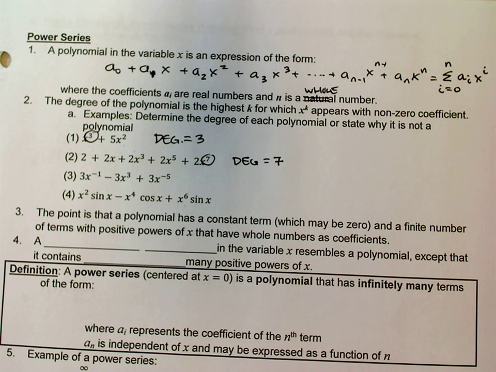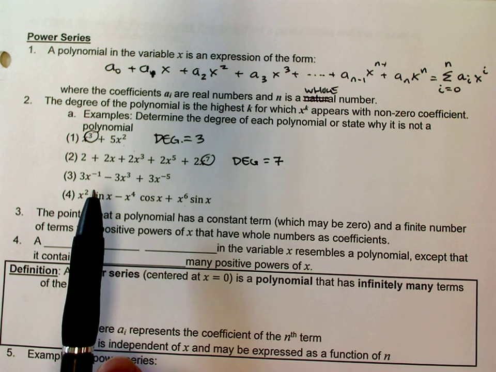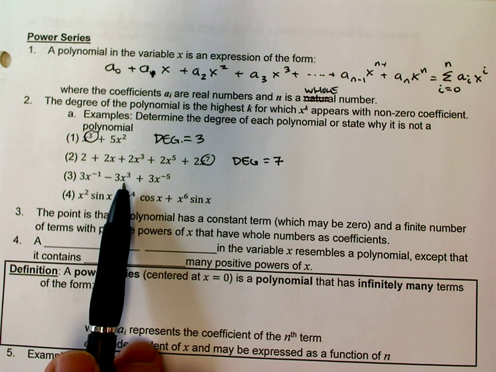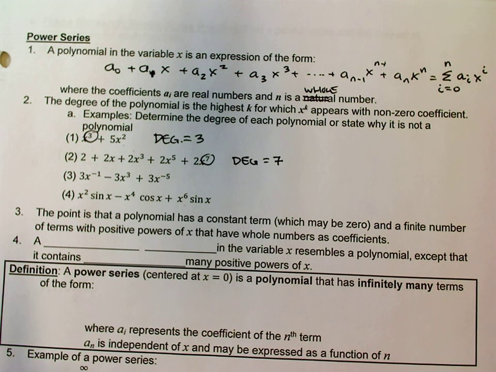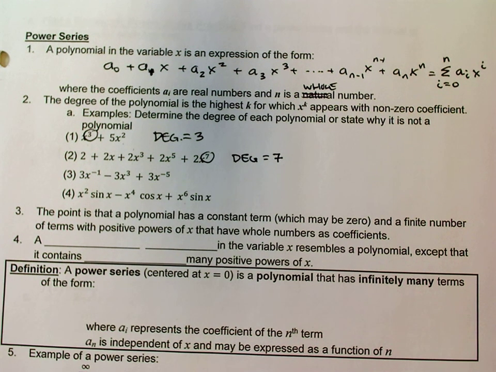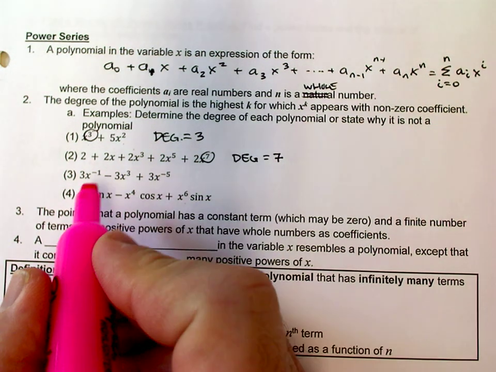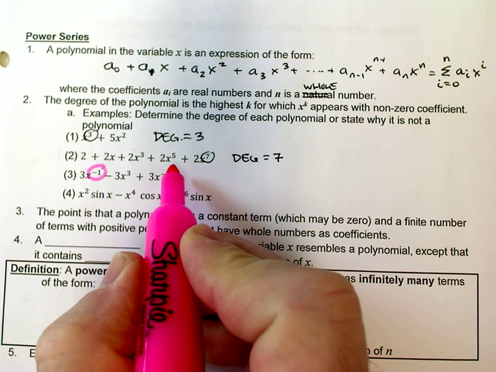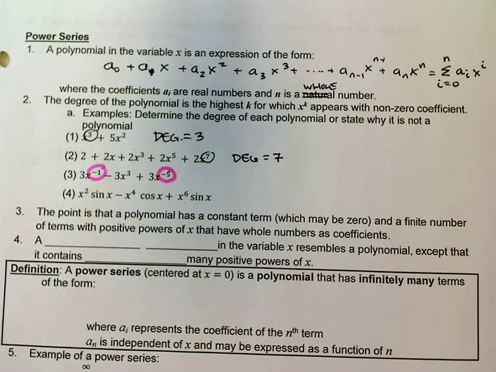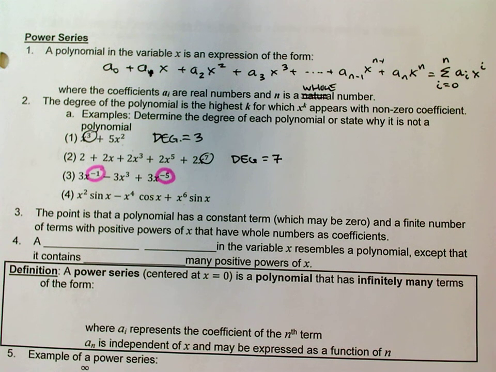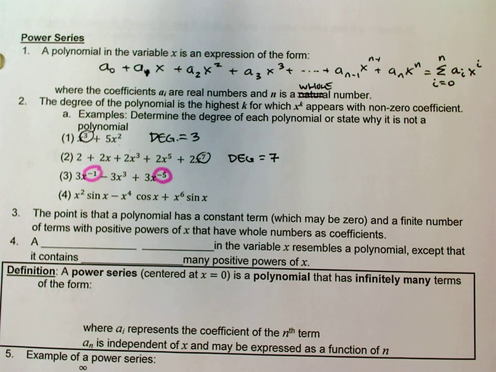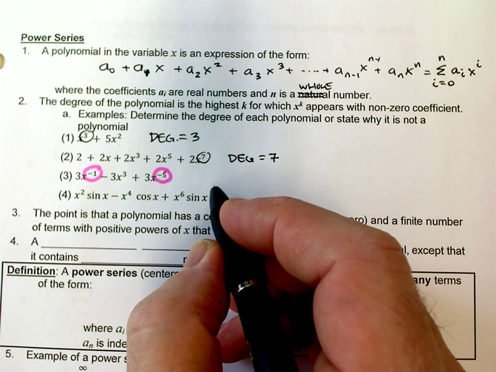Next one, you'll see that we have a negative 1, 3, and negative 5. Unfortunately, when we talk about the degrees of our polynomials, we don't consider these negative exponents as the degree.